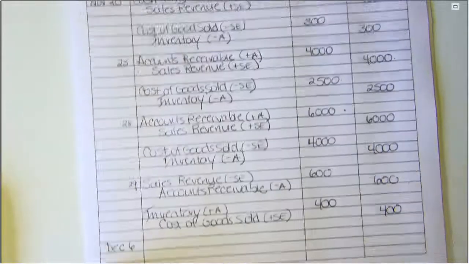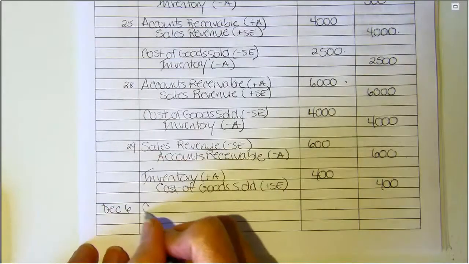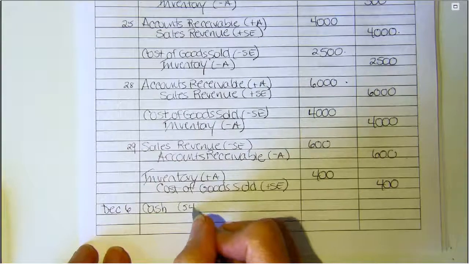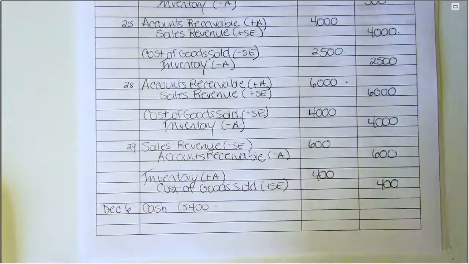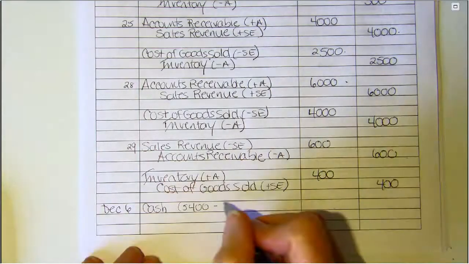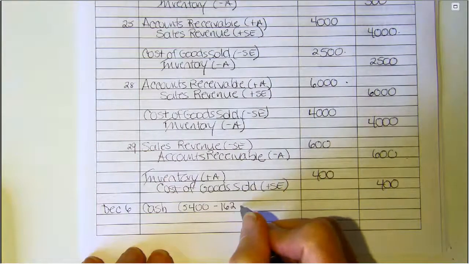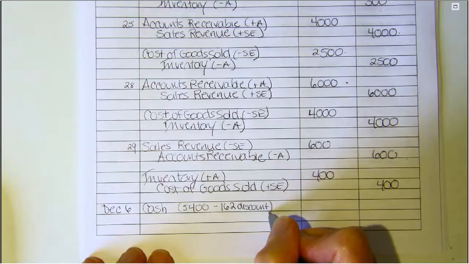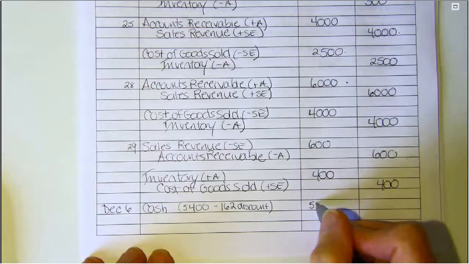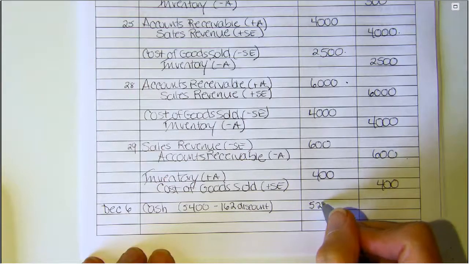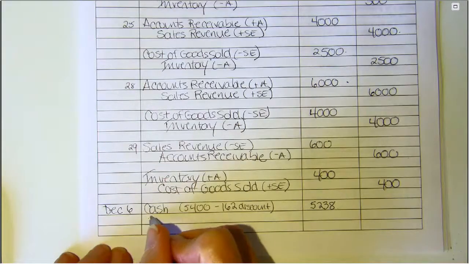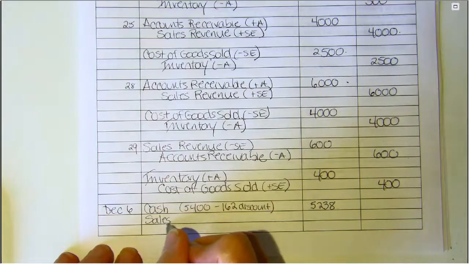Well, let's debit cash for, let's see, she owed us $5,400. That was the original sale less the return, and now we're going to subtract out our $162 discount. And so the check you receive from Nancy should be $5,238. We will debit sales revenue for the amount of the discount.